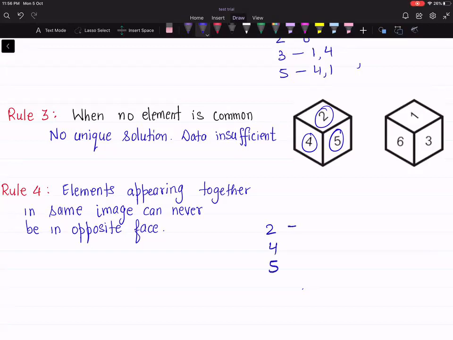Opposite to 2, any other possibility is there: it can be 1, it can be 3, or it can be 6. Right? So different combinations will emerge out of these.